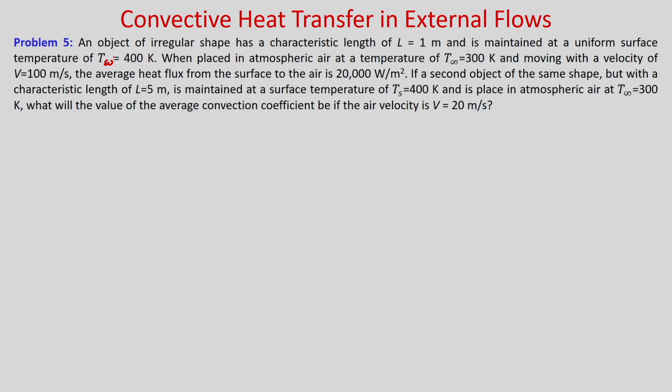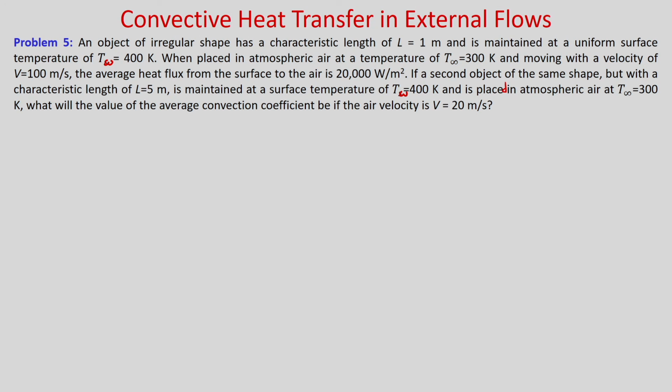If a second object of the same shape, but with a characteristic length of 5 meter is maintained at a surface temperature of 400 Kelvin and is placed in atmospheric air at T infinity 300 Kelvin, what will be the value of the average convection coefficient if the air velocity is 20 meter per second.